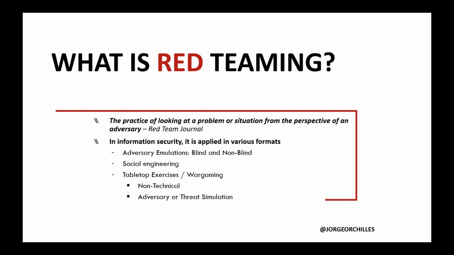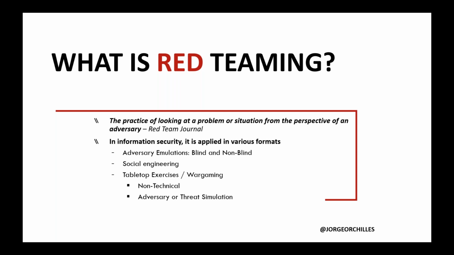For example, sending each of your employees or staff a phishing-like email with a unique URL. If they click on it, you know who fell for it. That's a great way to perform awareness training and to season the staff to ensure that they don't fall for real attacks. You also have some tabletop exercises or war gaming. These are generally non-technical.